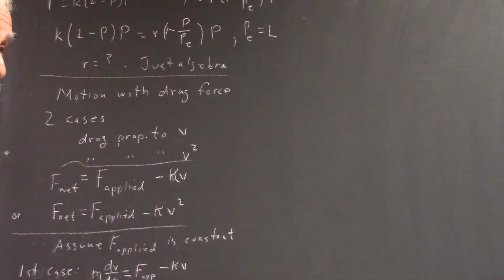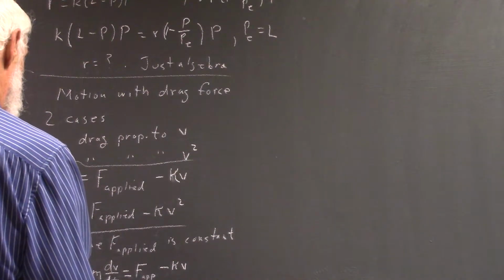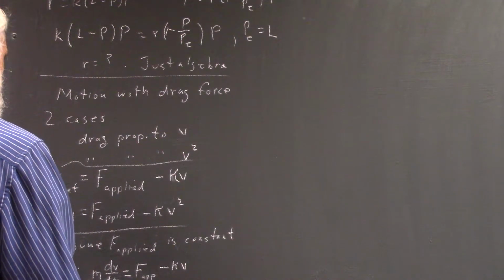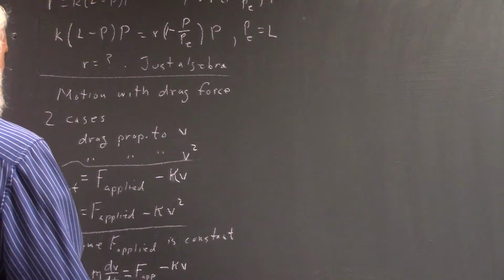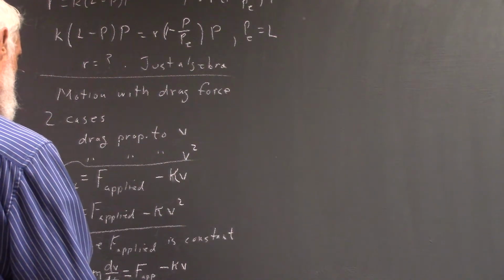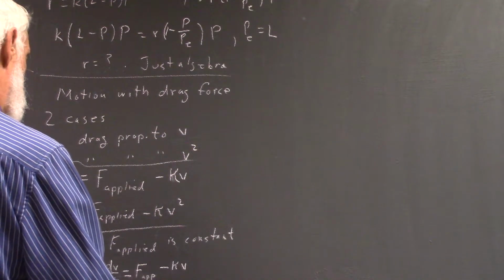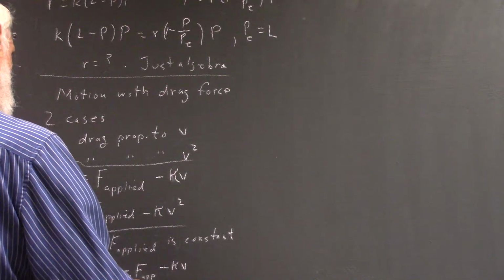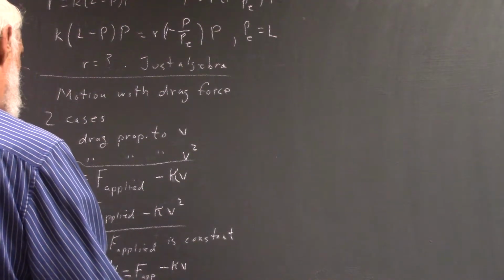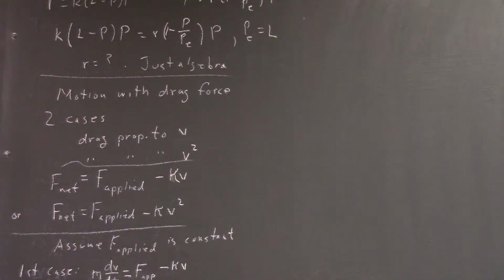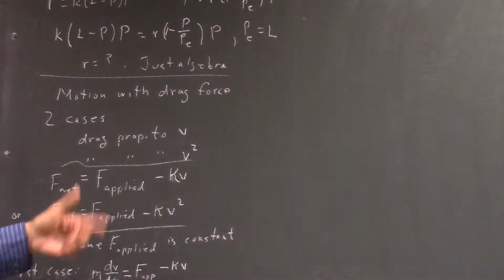And we easily rearrange it to dv over F applied minus kappa v. I'm debating whether I want the m over here or over there. Really doesn't matter, okay? But we could also do a kappa over m here, F applied over m, kappa over m, okay?